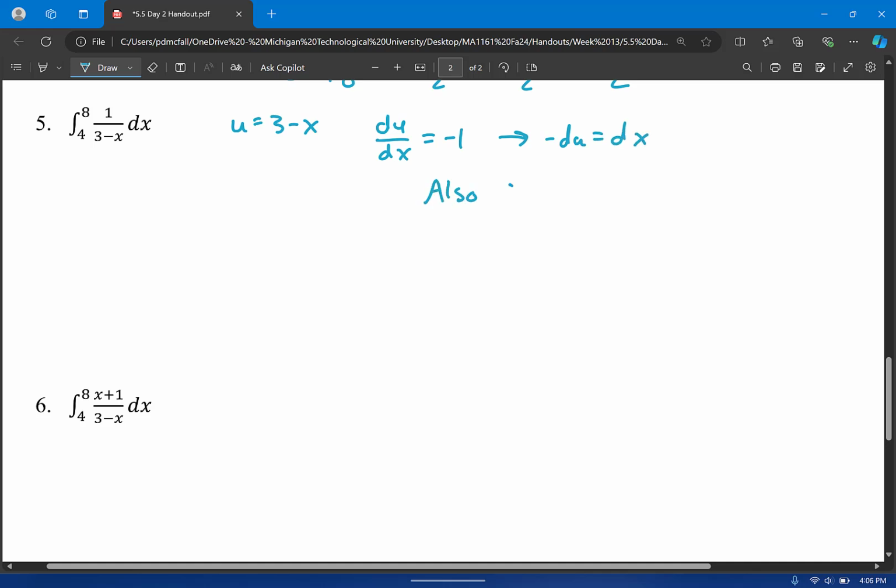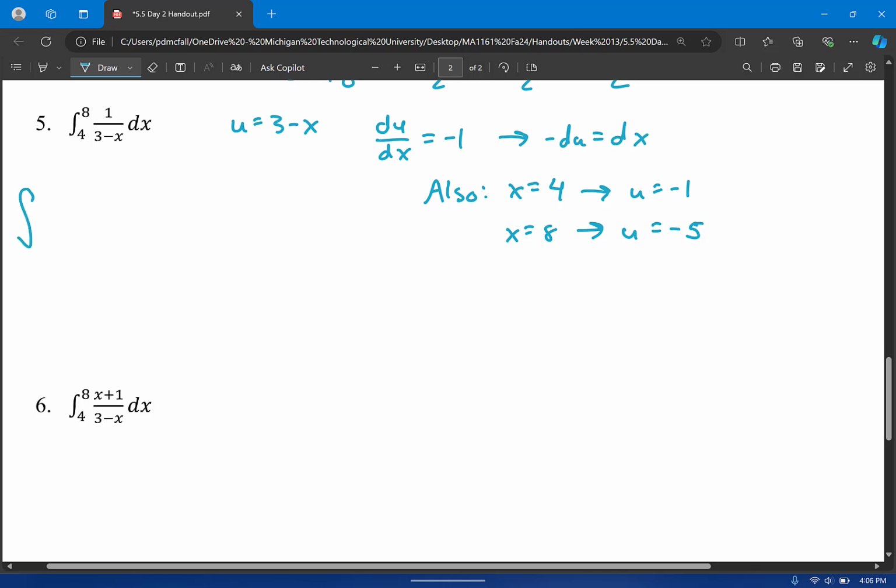Also, when x is equal to 4, what is u? Well, u is equal to 3 minus 4, so u equals -1. And when x is equal to 8, u is equal to, well, plug in 8, 3 minus 8, -5. All right, so we're going to rewrite this integral.